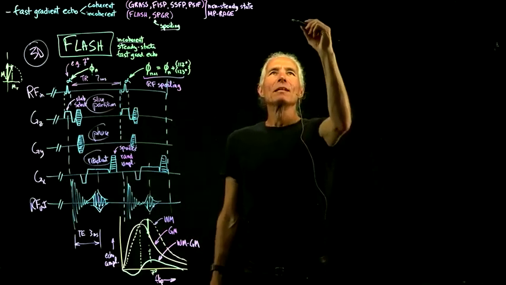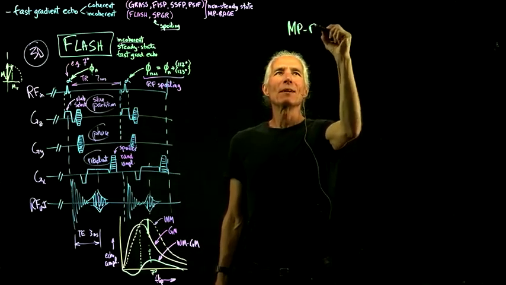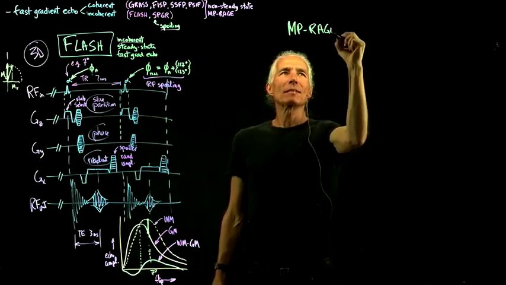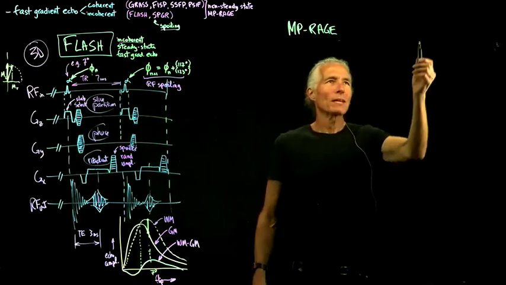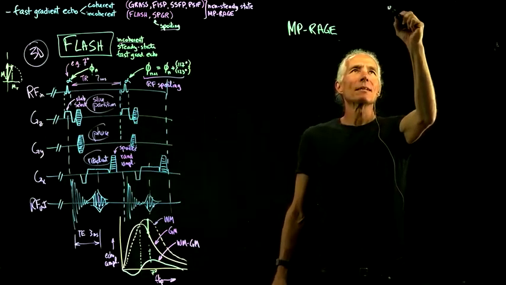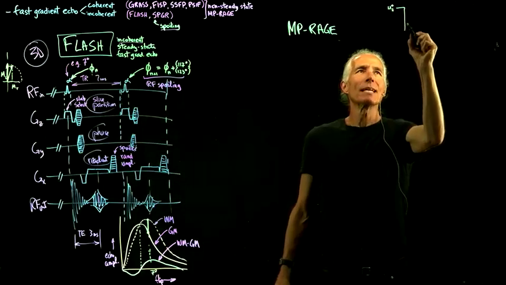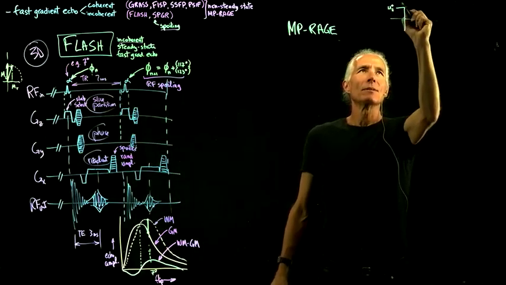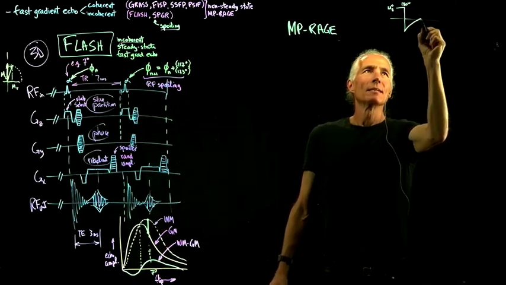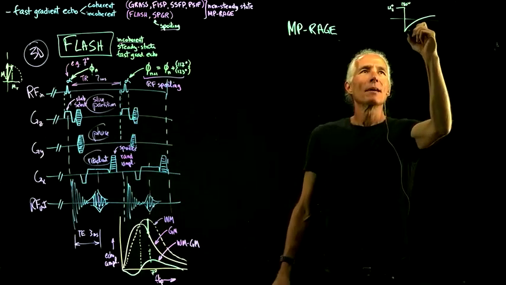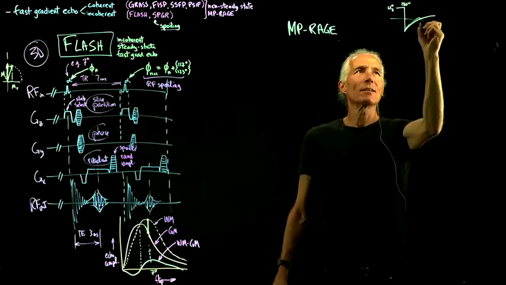And so some people said, for MPRAGE, why don't we try to do something like inversion recovery? And remember, what is inversion recovery? We start at MZ0 here, and then we go down to minus MZ0 with a 180 degree pulse. Then we let some recovery occur, hoping that some tissue might recover a little faster.